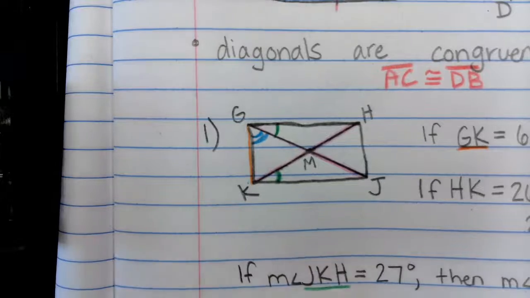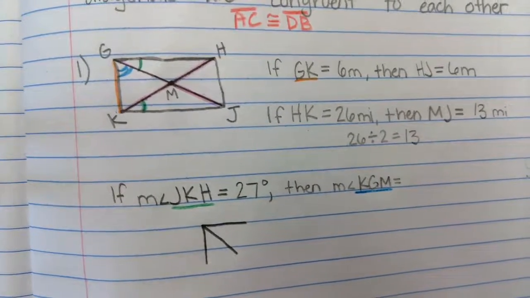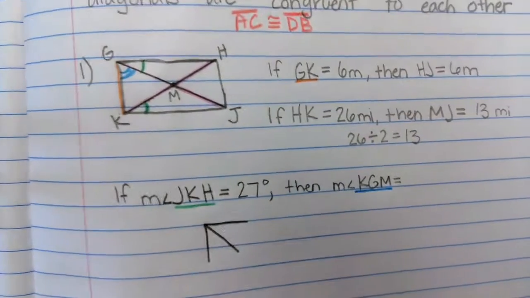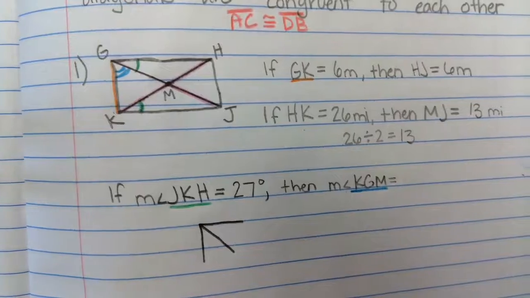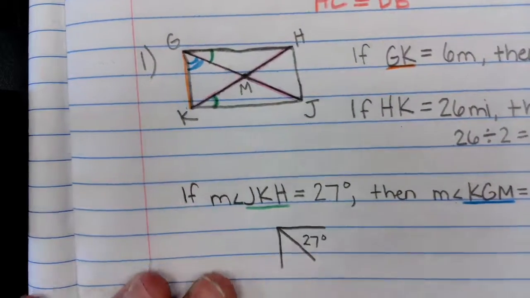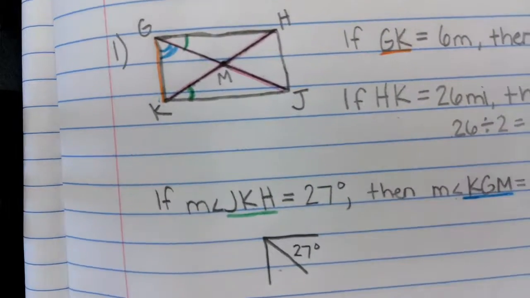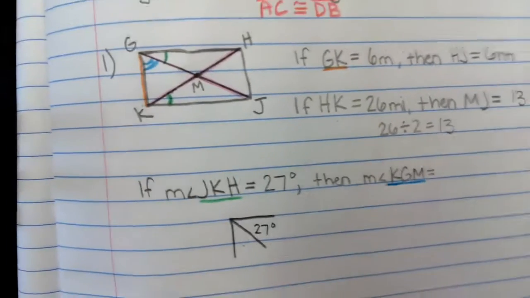How am I going to find the bottom angle there? I know it's a rectangle. What do we know that total angle has to be? 90, because they're all 90-degree angles, right?